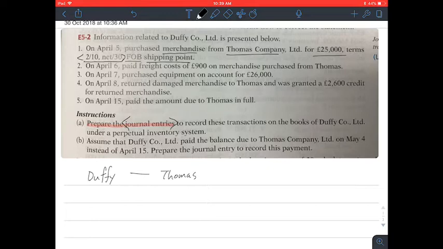Duffy bought some merchandise from Thomas Company. So Thomas is going to send Duffy some inventory, right? And Duffy, on the other hand, will give cash or some cash equivalents.